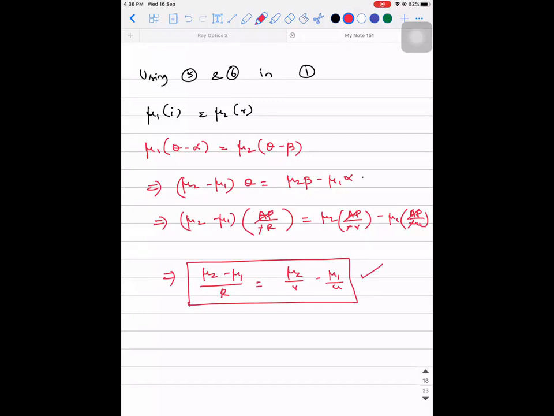Sir, how mu2 minus mu1 into theta, sir? I rearranged it. You solve this, you'll get it.